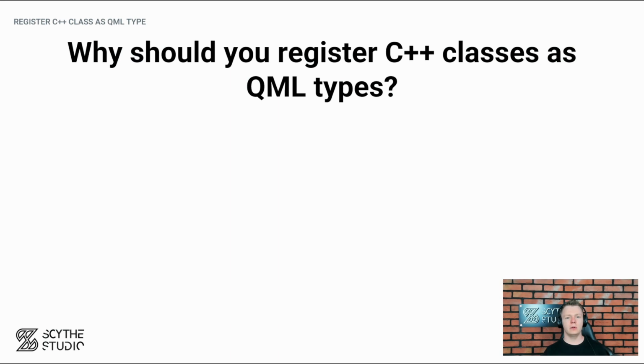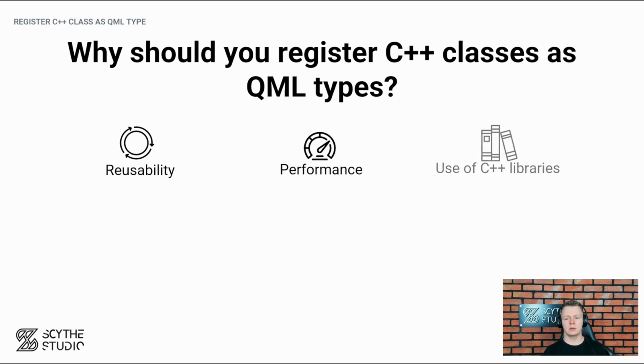So the benefit of registering as a QML type is that you may use C++ capabilities directly in QML. It encourages code reuse, offers better performance, allows interaction with your C++ libraries, and it gives access to signals and slots and attributes of C++ classes from QML.